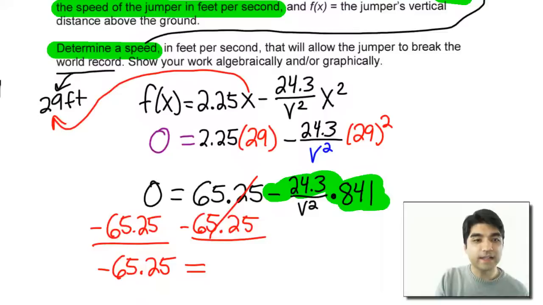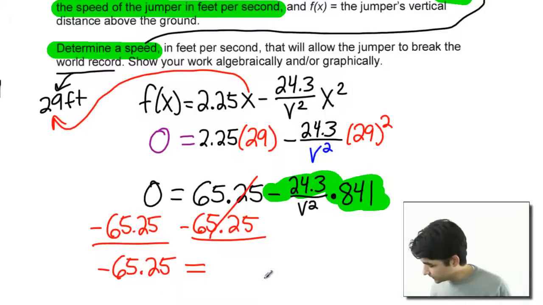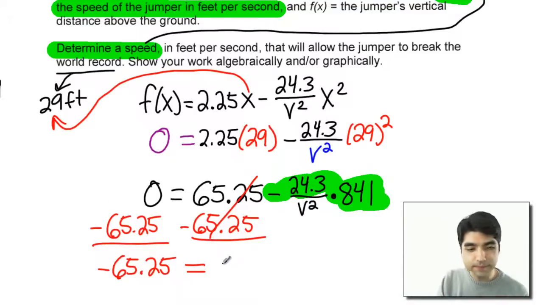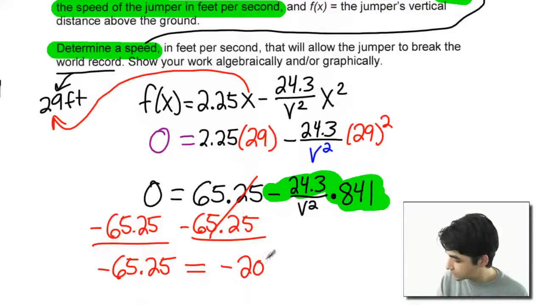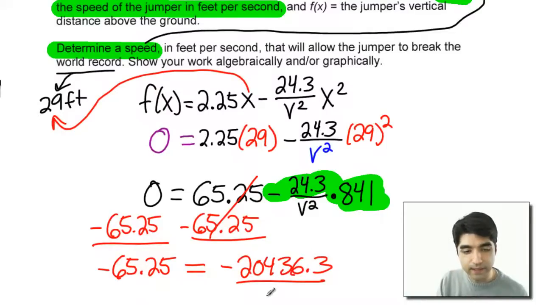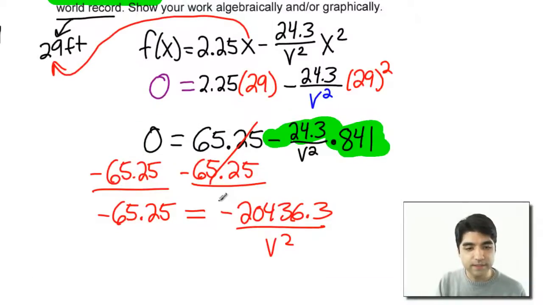So let's calculate that really quick. So that's negative 24.3 times 841, which would be negative 20,436.3 divided by v squared. Alright, so we have negative 65.25 equals negative 20,436.3 divided by v squared.